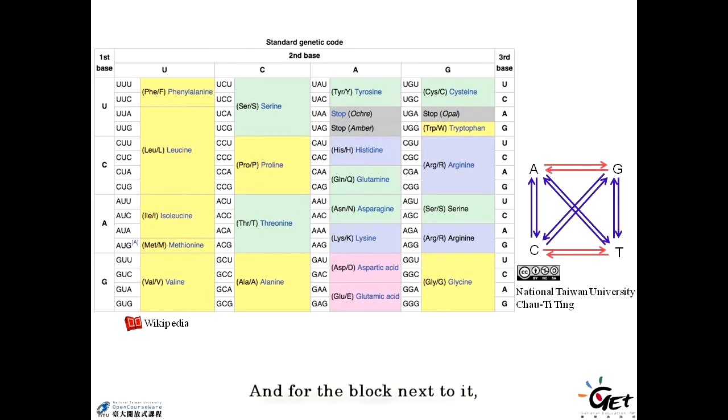The block next to it is serine. So it's UCU, but any change at the 3rd position doesn't affect the amino acid encoded. So that's serine. You can look at the codon table, and I just try to remind you of the possible changes at the other corner, so in your mind there's a model at the nucleotide level.